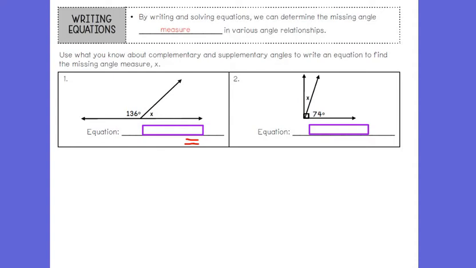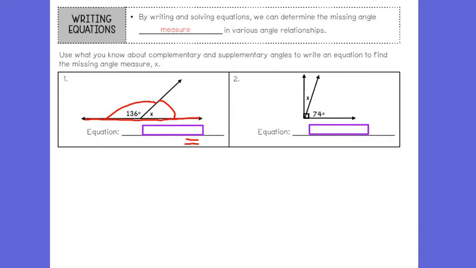What definition is mimicking that, Oscar? Supplementary. And how do you know that it's representing supplementary? Because it's a straight line, and it's two angles that add up to 180.